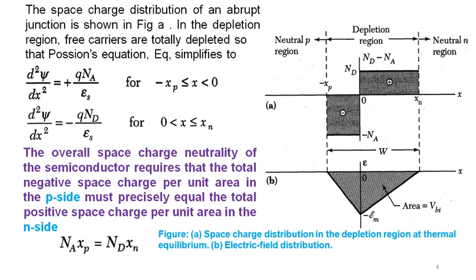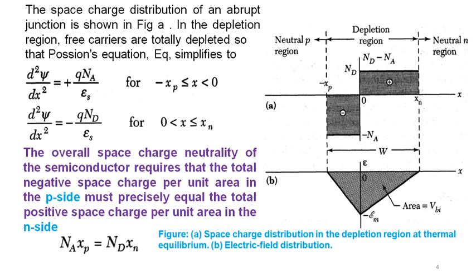The depletion region extends from minus xp to 0, which is very small compared to 0 to xn. In the P side and N side we have the neutral P region and neutral N region.